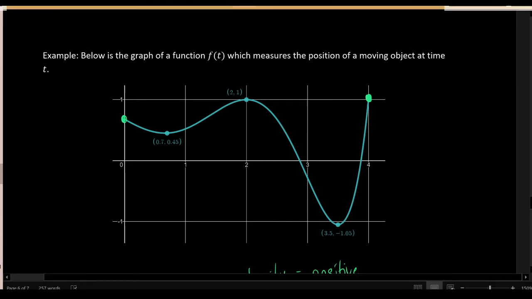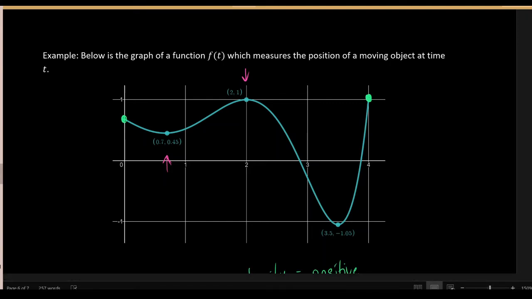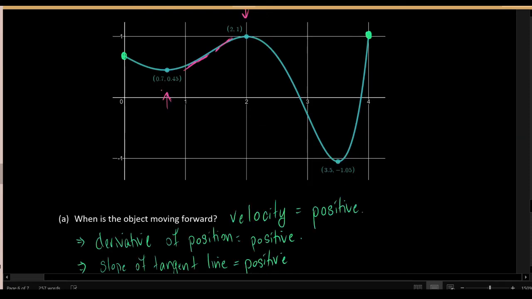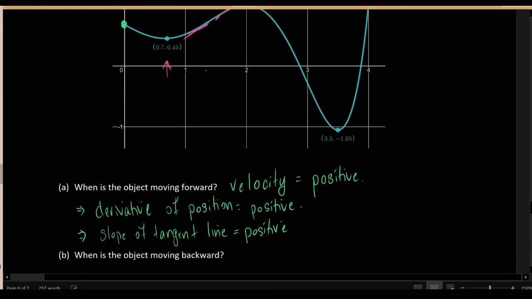And I'm noticing that between this position, where x is equal to 0.7, and this position, where x is equal to 2, the graph overall is slanted upward. If I take the tangent line to the graph at any position between those two locations, any tangent line I draw will have a positive slope. So it looks like the object is moving forward between 0.7 and 2.